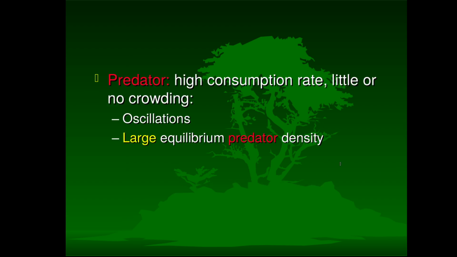So we can draw some conclusions just by experimenting with the isocline geometry. If the predator isocline does not saturate quickly, we can get wide and predictable oscillations in both species. And this would occur if predators have a high consumption rate and little or no crowding or habitat limitation. The result also is a high equilibrium predator density after the oscillations eventually stop and the two populations reach equilibrium.